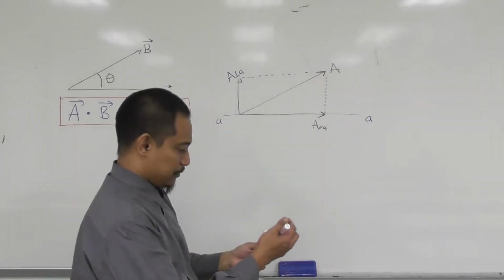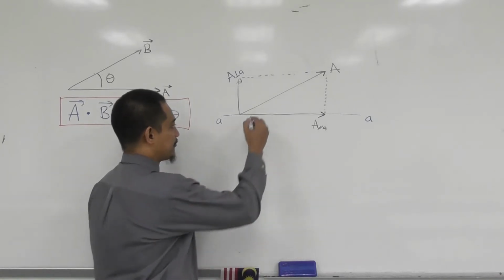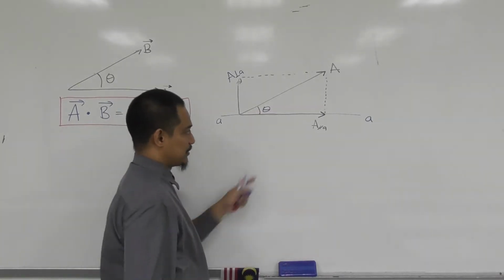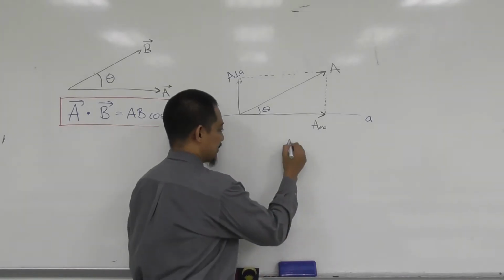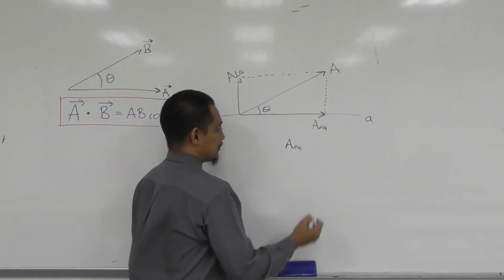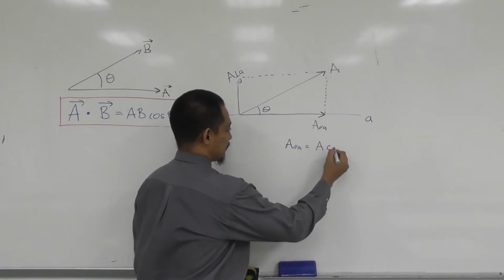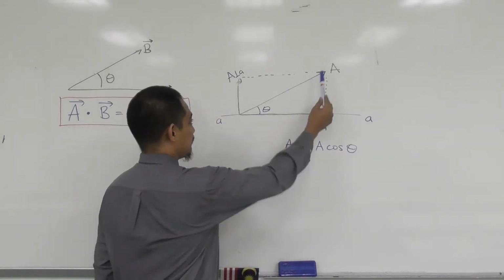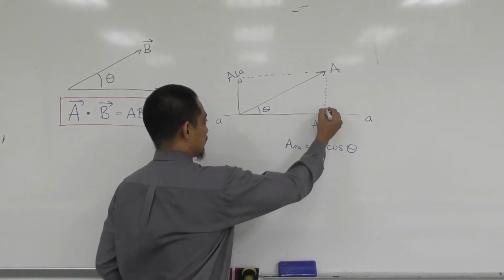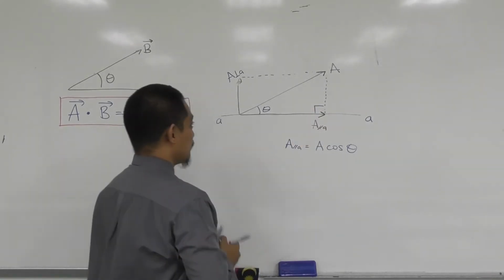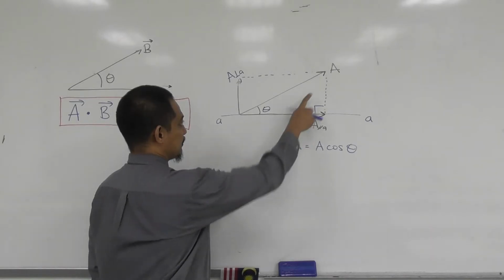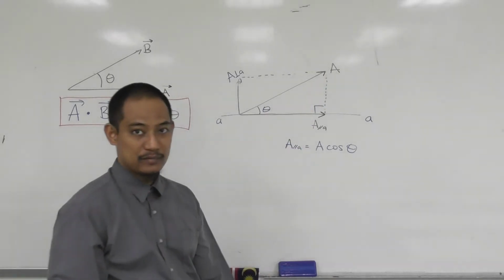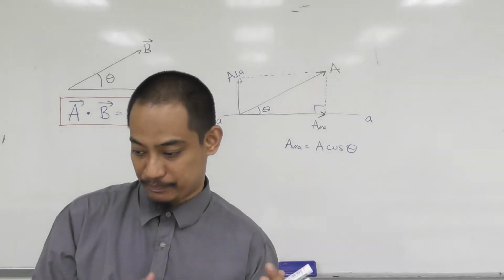Now, in the normal calculation, if you have theta here, obviously this is simple enough. What is A parallel to a? It's just A cos theta. Meaning, from this triangle, where this is perpendicular, so this component here is just A cos theta. Hopefully you can follow that one.